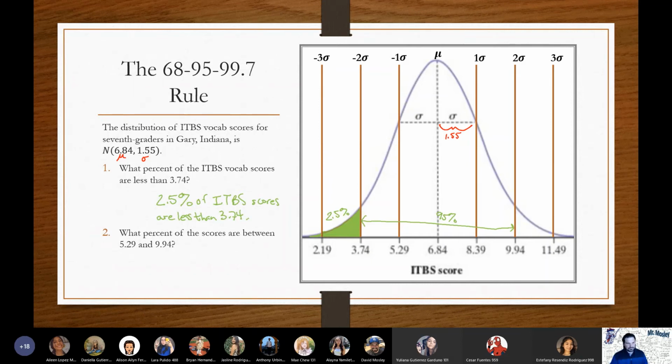Okay, excellent. So now they want to know what percentage of the scores are between 5.29 and 9.94. Let's look at what area they're talking about here.